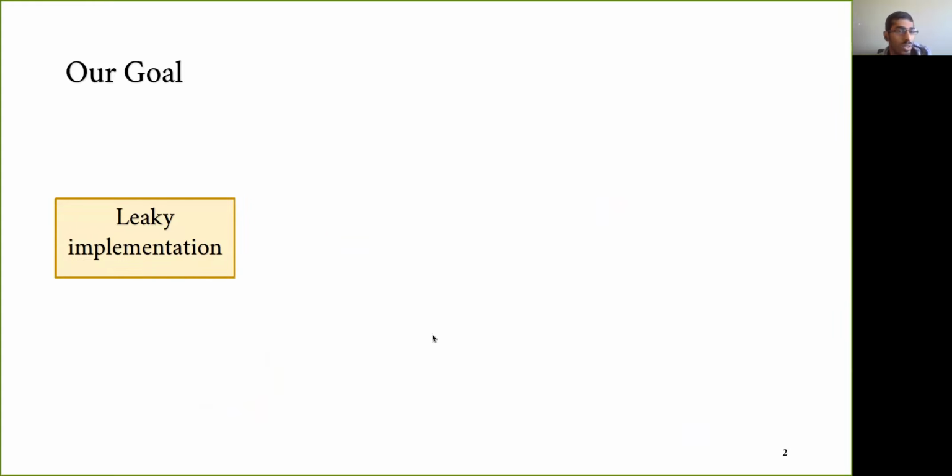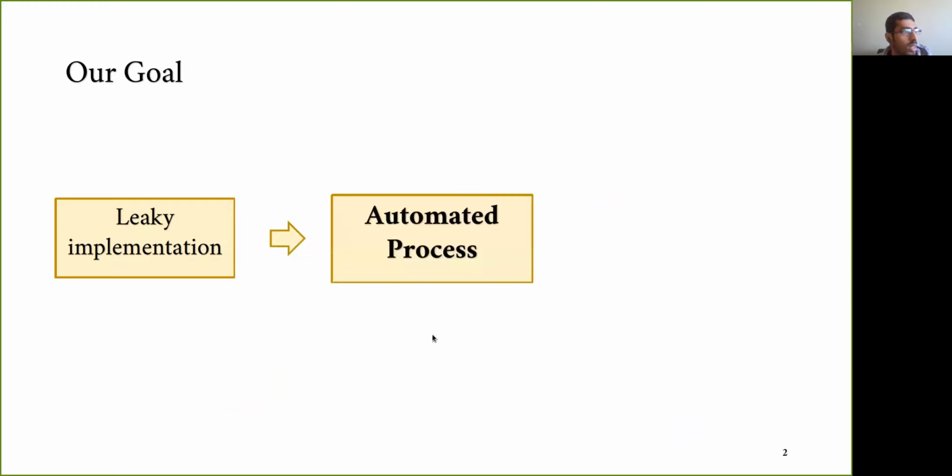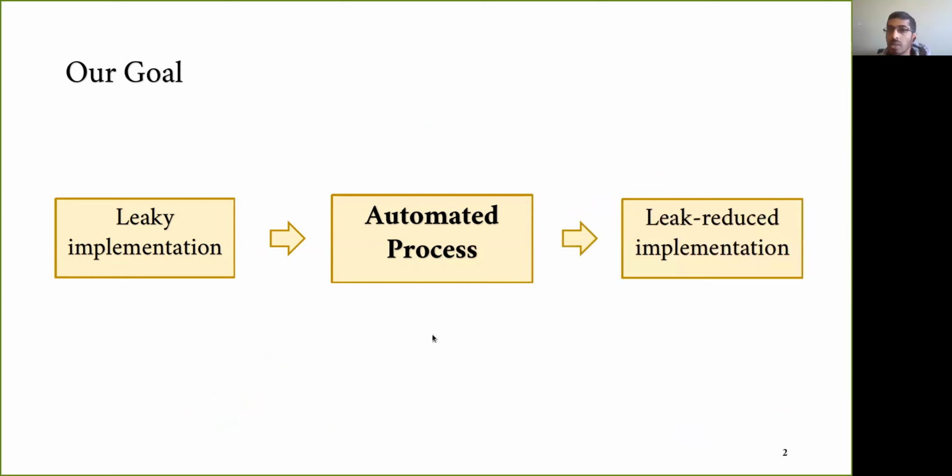My goal is to start with a leaky implementation, which here is the encryption algorithm that's running on the device, and do something automated, with the least amount of manual work, and come out with a leak-reduced implementation. So I produce a software implementation of the encryption algorithm that is less leaky.